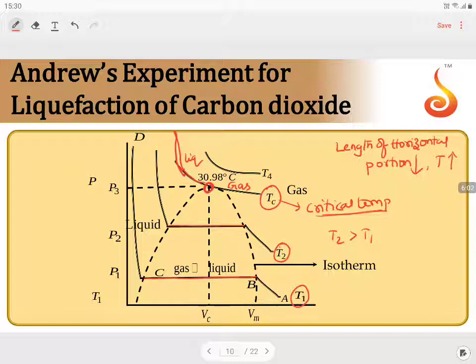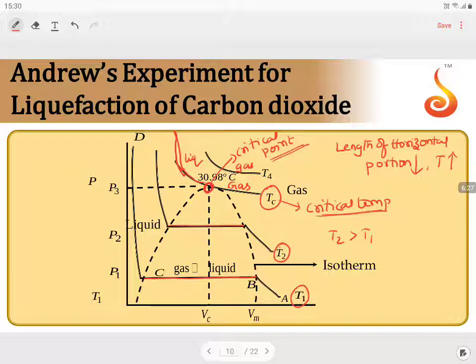The boundary separation between gas and liquid is completely invisible at the point called the critical point, where you cannot identify the boundary between gas state and liquid state. Anything above that, such as temperature T4, exists purely as gas.